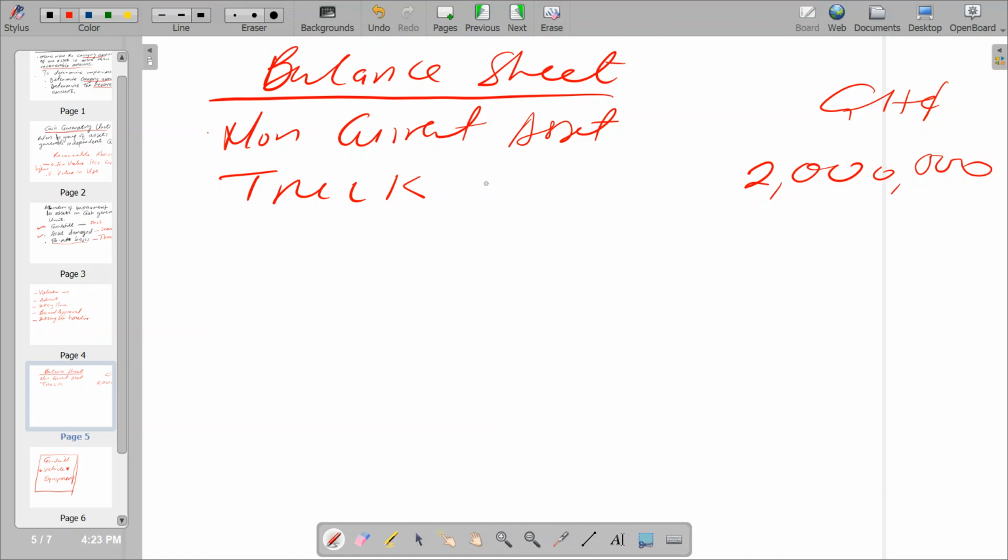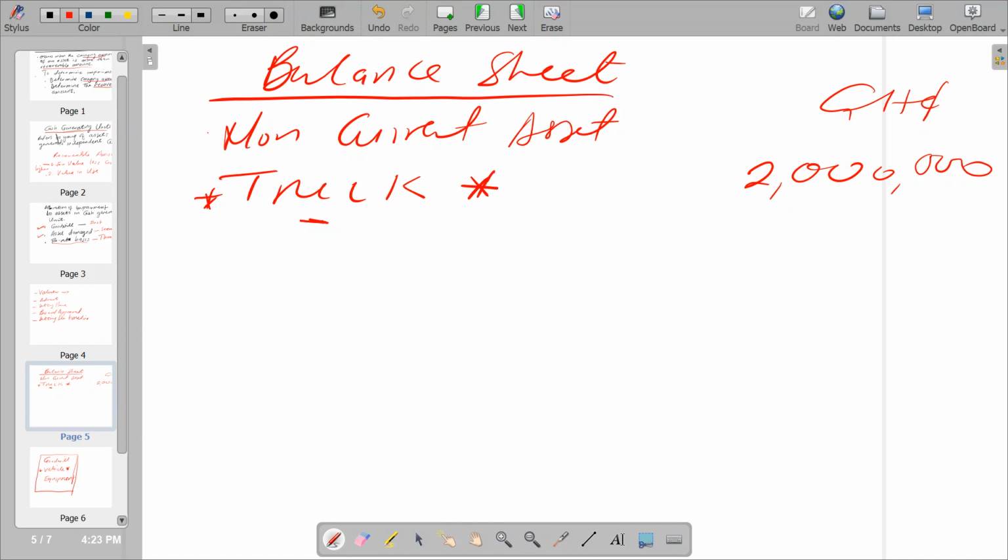But this truck, we have already decided the fate of this truck. We want to sell it. So is it right to keep it here? What do you think? Should we still maintain it here under non-current assets, or we have to find somewhere and put it? What are your views on that?